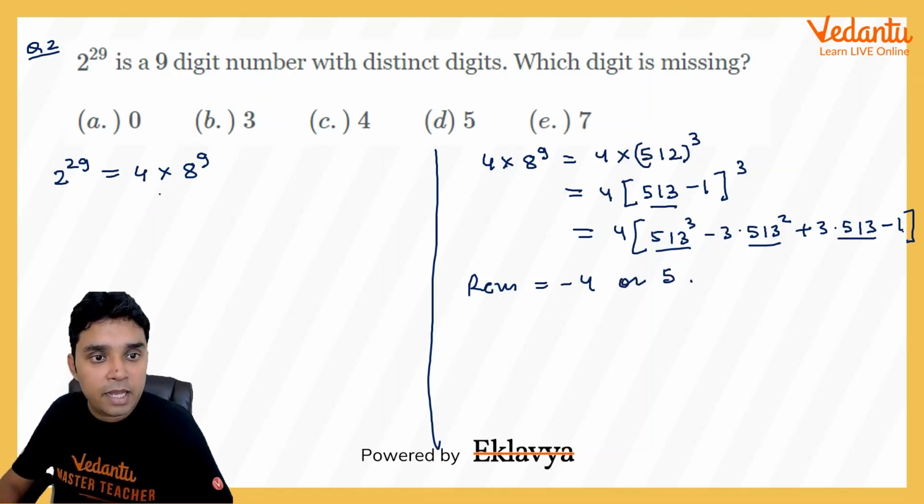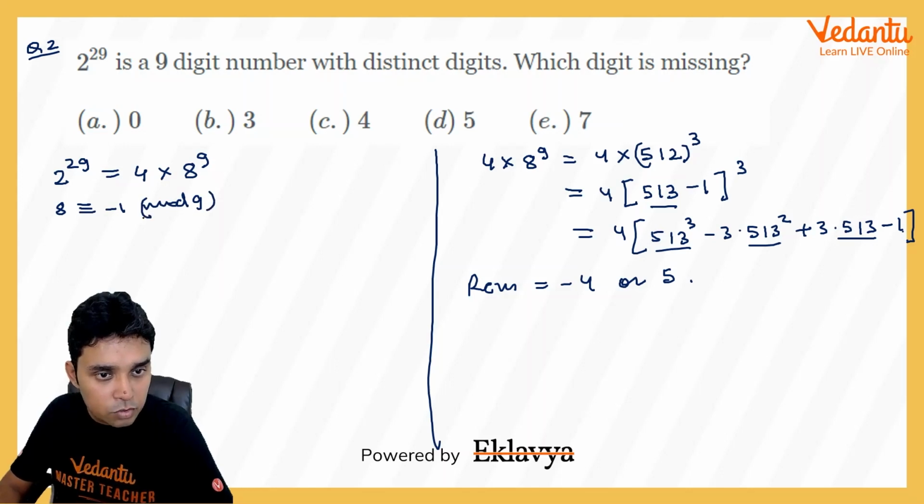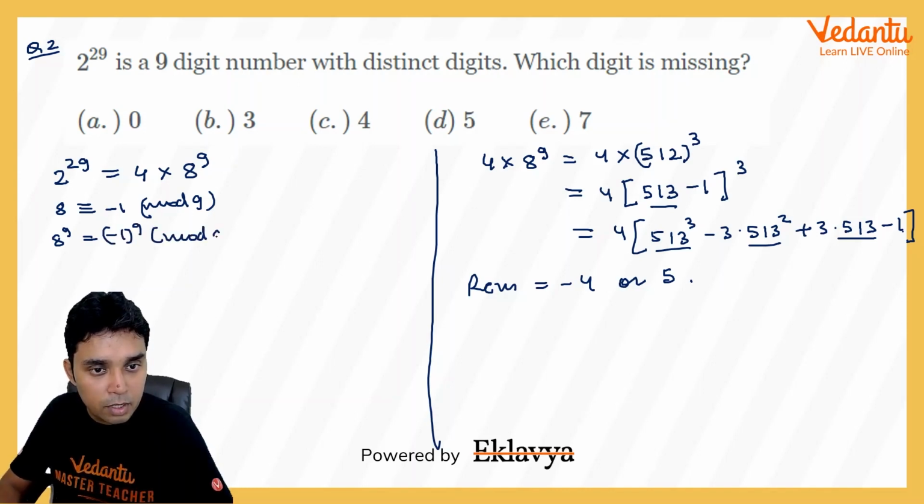Now the same thing can be done by congruence modulo also. Please see how, because 8 is congruent to minus 1 mod 9. So using the property of congruence, if I raise both sides to the power 9, it will become like this. And if I multiply by 4 on both sides, 4 into 8 raised to the power 9 is congruent to minus 4 mod 9.